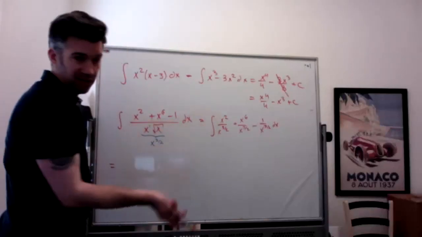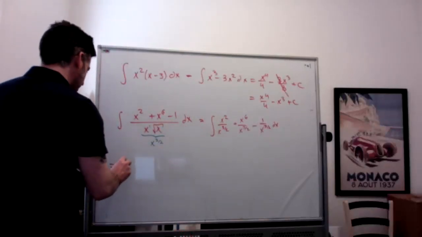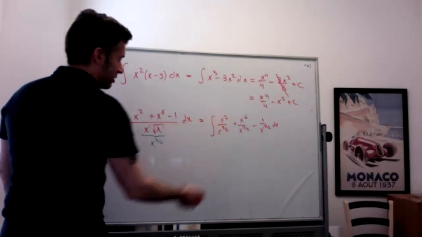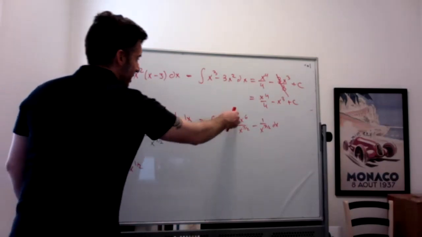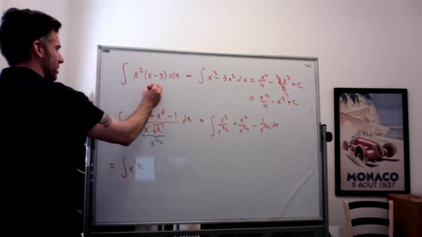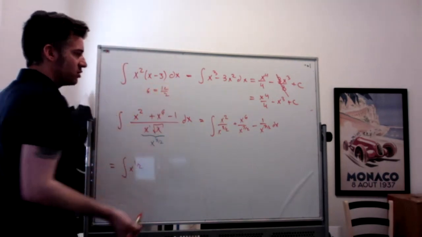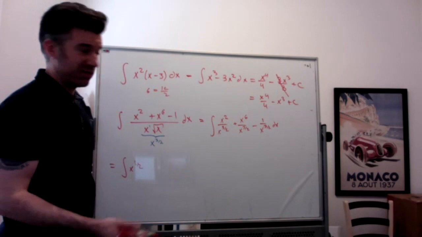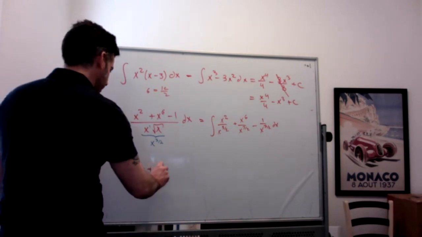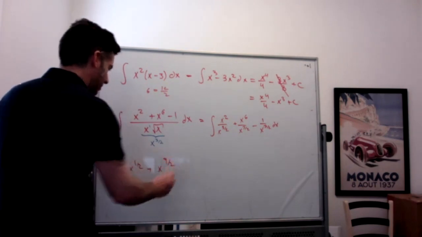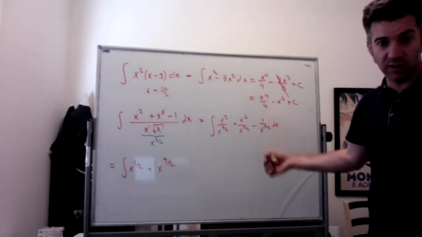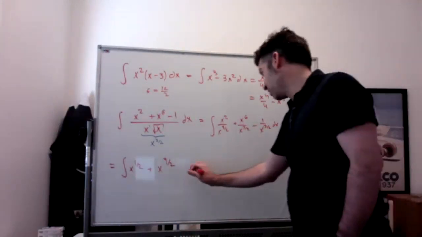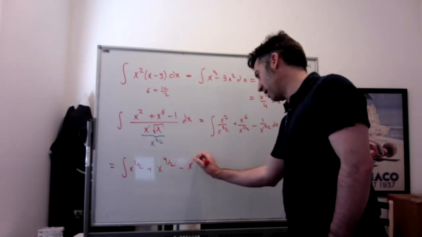There's nothing to do here except simplify. So let's see. 2 minus 3/2 is 1/2. 6 minus 3/2, okay, 6 is 12/2. 12/2 minus 3/2, 12 minus 3 is 9. So that's going to be plus x to the 9/2. There is no x here, so we just bring this up to the numerator and change the sign to the opposite. So it's going to be minus x to the minus 3/2.